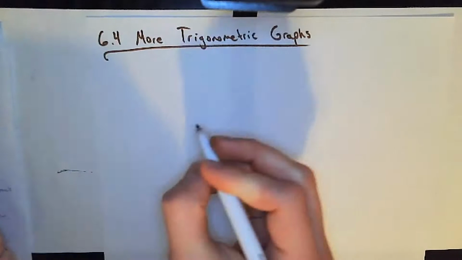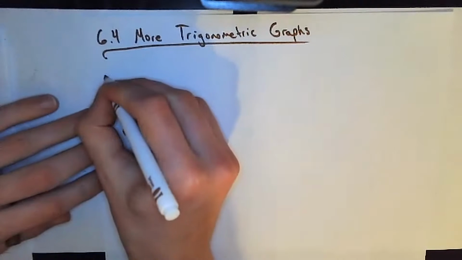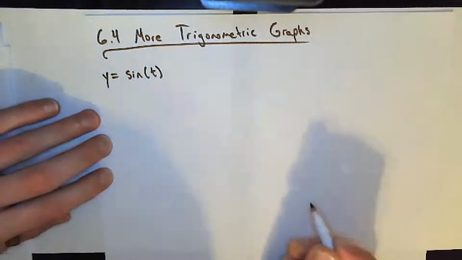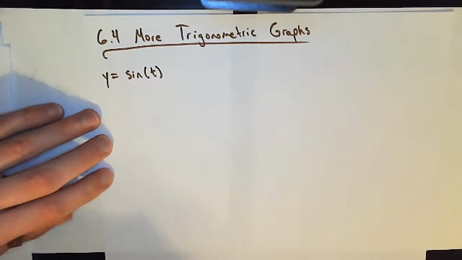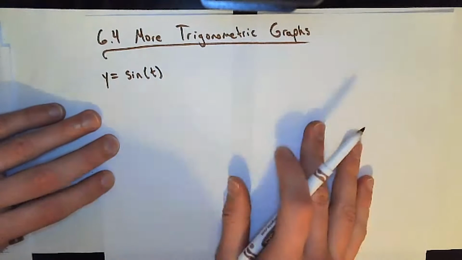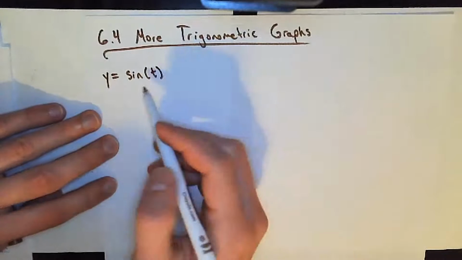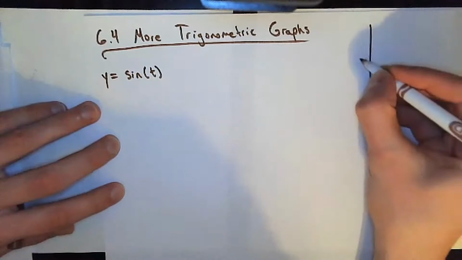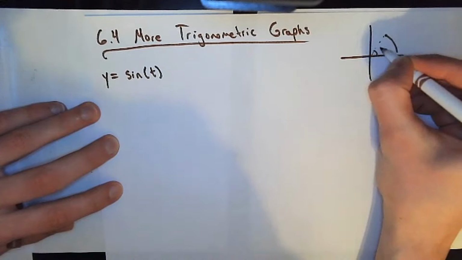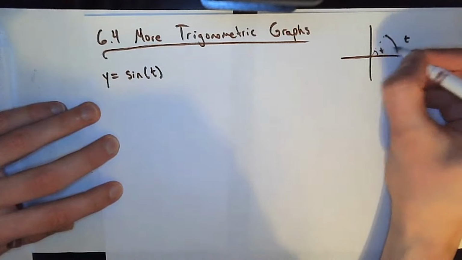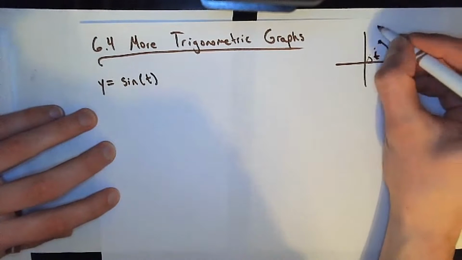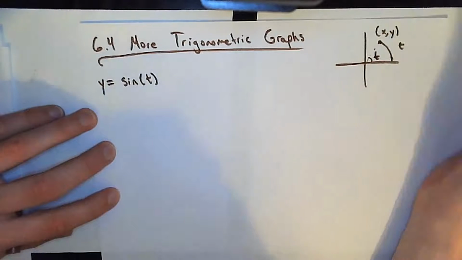Let's consider cosecant first. So let's say y is equal to sine of t, going back to the unit circle definition, with t being an arc length or radian measure of angles. On that unit circle, here's t, the arc length t as well, the same thing on the unit circle, and there's a little coordinate point where it ends at x, y.